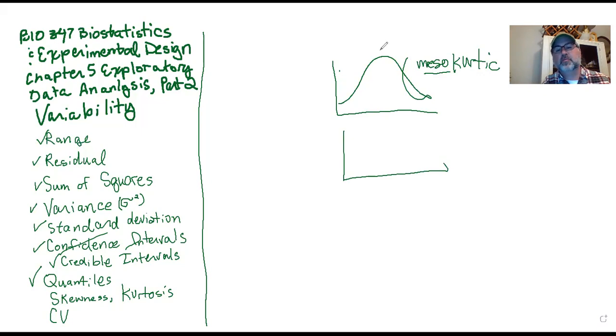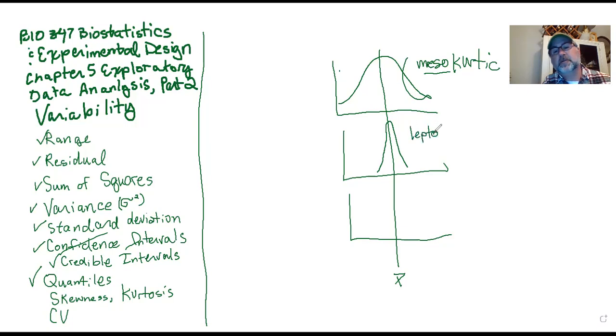So this will be some mean. We're going to draw the other extremes. One extreme will have all your data pile up, with a very, very small standard deviation. This is called leptokurtic, where lepto means narrow.